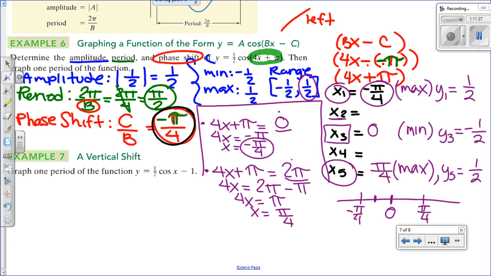If you divide this quantity by 2, you will get negative pi over 8. So that is where one of our x-intercepts will happen. And the other x-intercept is going to be right in between 0 and pi over 4. And so that will be positive pi over 8.